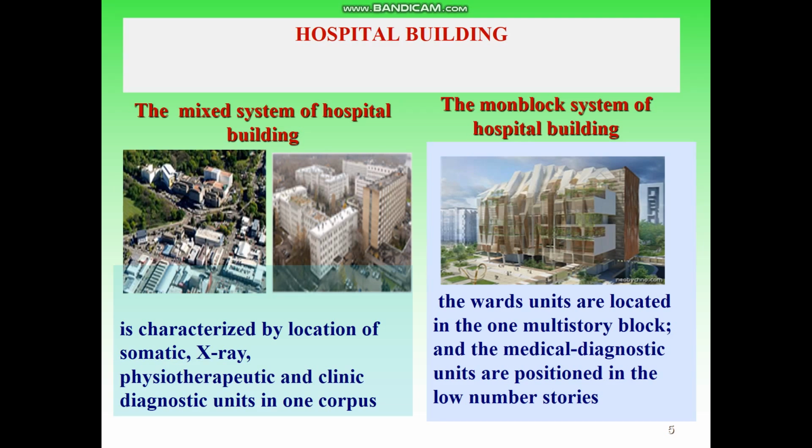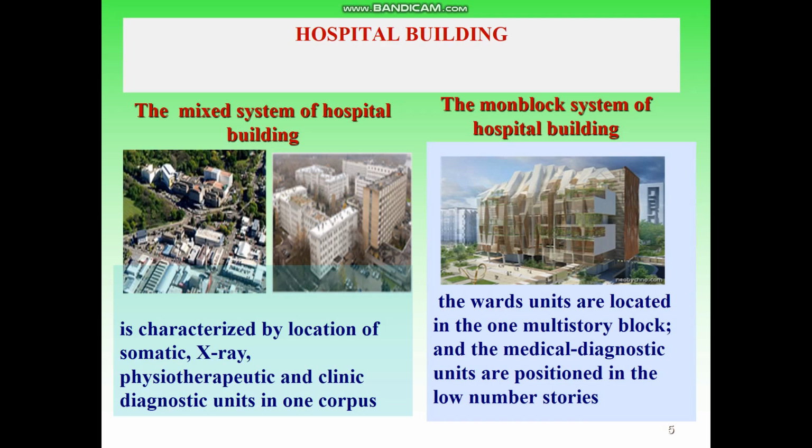The mixed system is characterized by location of somatic, X-ray, psychotherapeutic, and clinical diagnostic units in one corpus. Infection, maternity, pediatrics, radiological, pathology-anatomic, and economic units, and the polyclinic are located in separate corpus.